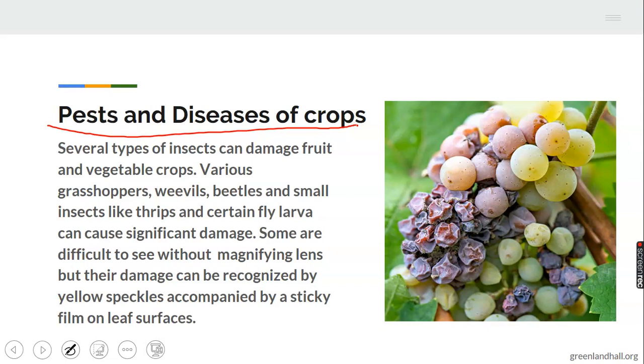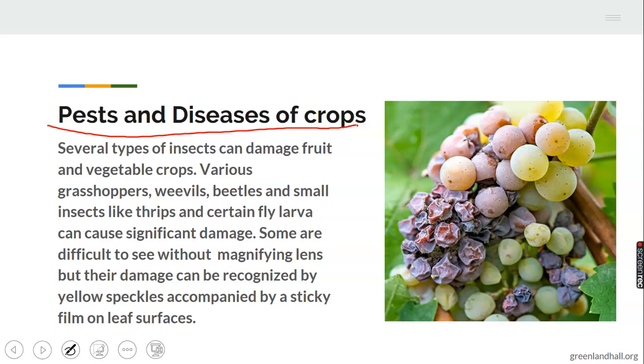This is the effect of pests and diseases. If anybody gets to the market and you see something like this, number one, it irritates you. You're not going to buy. And then what happens? There is loss to the farmer and then to the seller. That is what pests and diseases do to crops.